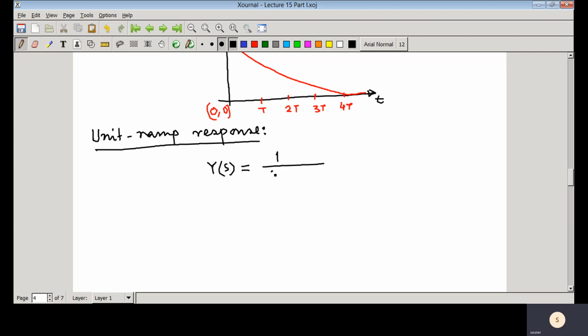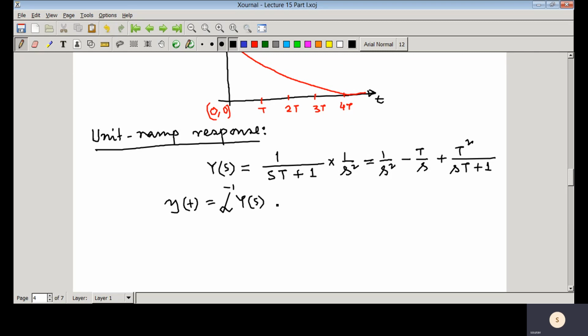So Y(s) would be equal to 1 by (sT plus 1) into 1 by s squared, and then we can write it in fractional form, T by s plus T squared by (sT plus 1). So y(t) equals the Laplace inverse of Y(s), and we will get t minus capital T plus T into e to the power minus t by T, for t greater than or equal to 0.